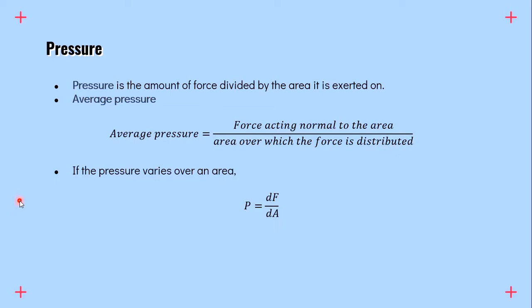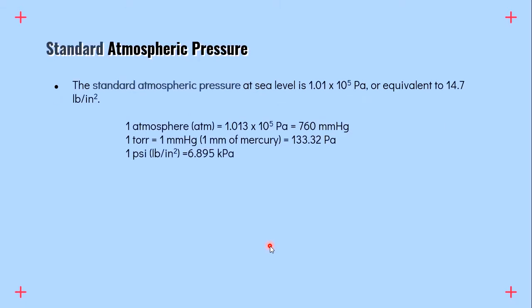Now, if the force varies over an area, for example, the area is not a perfectly flat plane, or the force is not consistent over the area, then pressure, this should be dP, but anyways, is equal to the differential force over the differential area.